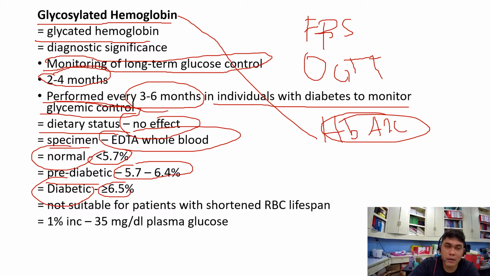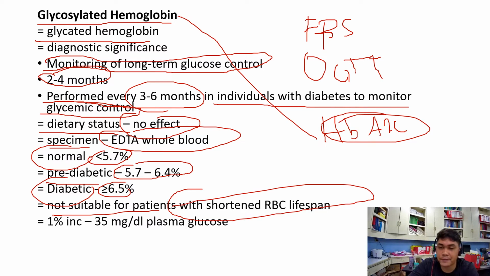Now, the disadvantage of glycosylated hemoglobin is it's not suitable for patients with shortened RBC lifespan. For example, individuals with hemolytic anemia tend to have shorter RBC lifespan. If there is short RBC lifespan, the effect is decreased glycosylated hemoglobin concentration. So glycated hemoglobin is not suitable for patients with shortened RBC lifespan.